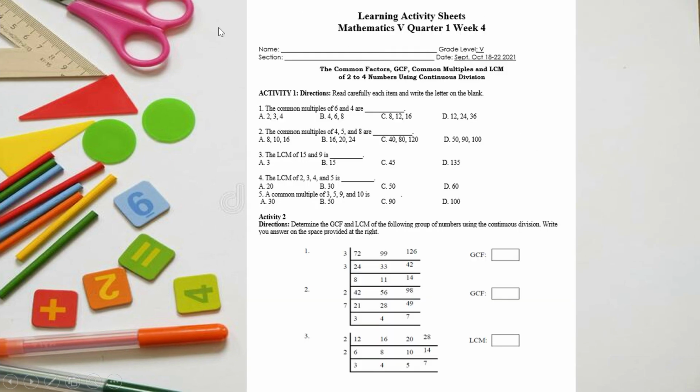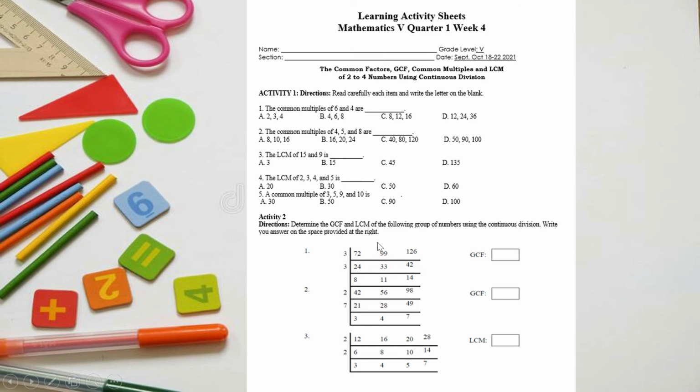So next, learning activity sheets. Yung pinigay kong learning activity sheets. Anong-ano yun? Ito yun. So, learning activity sheets sa week 4. The common multiples of 4 and 6 are, ayan, pipiliin nyo lamang yung tamang sagot. Multiple choice na po. Then, sa activity 2, determine the GCF of the following numbers using the continuous division.